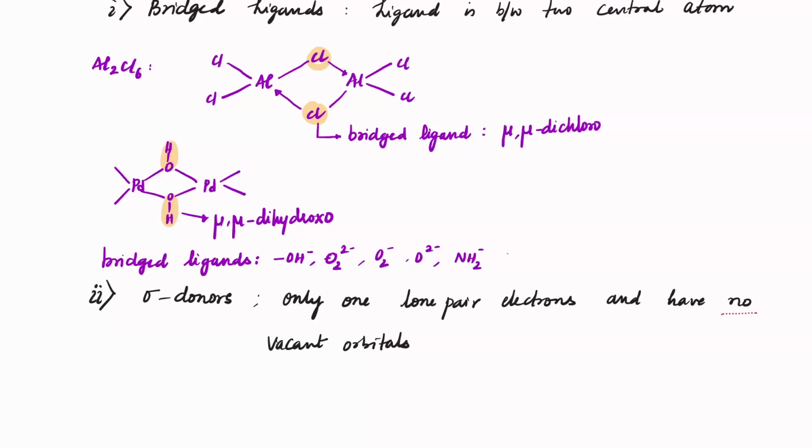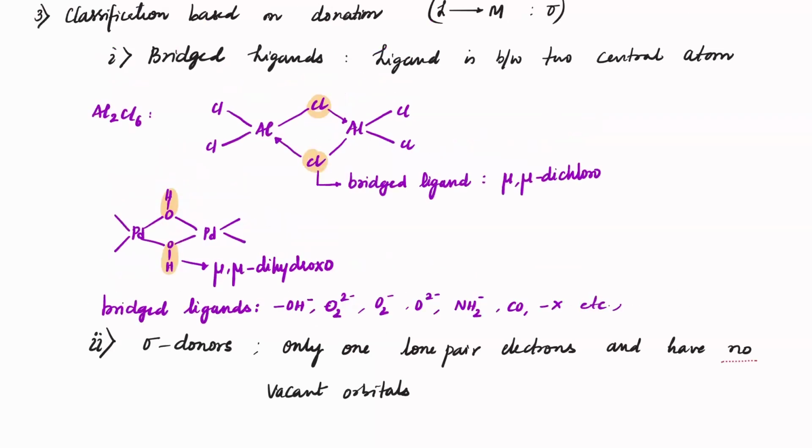It could be carbon monoxide also. Carbon monoxide donates not necessarily with two lone pairs. It will be one lone pair and one pi bond also. So that's a very different case here. And halogens, etc. These are the ones which typically give bridge ligand cases.